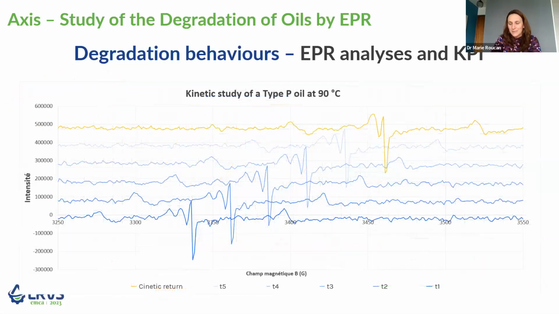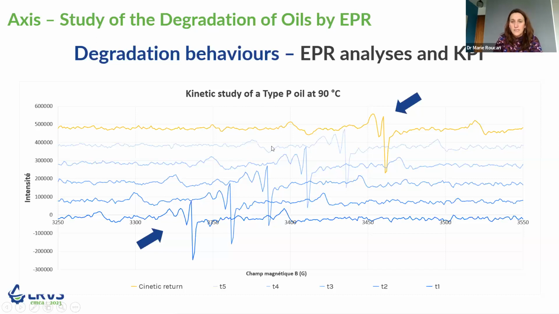That's really interesting. Another thing in EPR is you can do kinetic studies. What we did here is we took a sample of a fresh oil and put it in our EPR apparatus. Then we warmed up the oil in the apparatus at the same time as we made the analysis. What you can see here in yellow is the fresh oil, and here is the time monitored, 1, 2, 3, 4, 5.